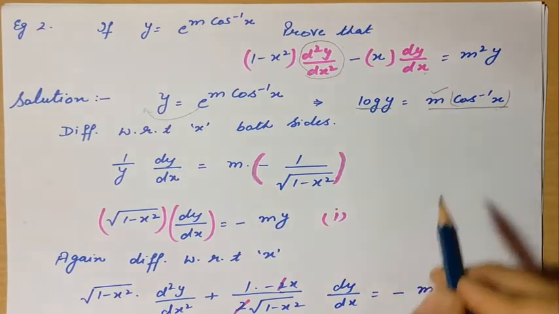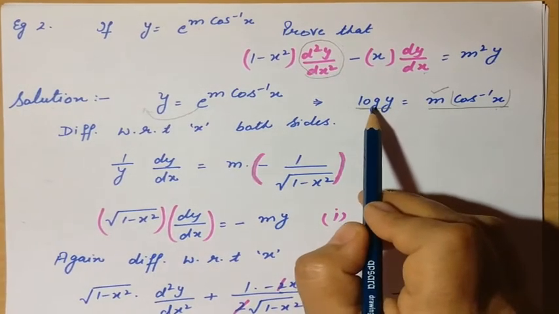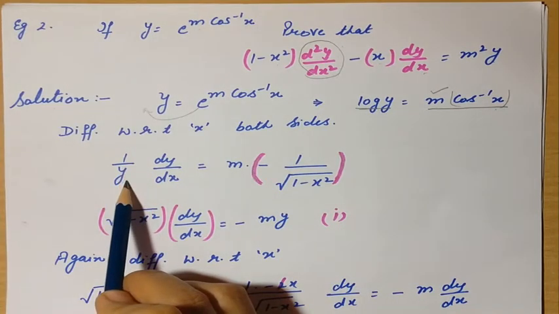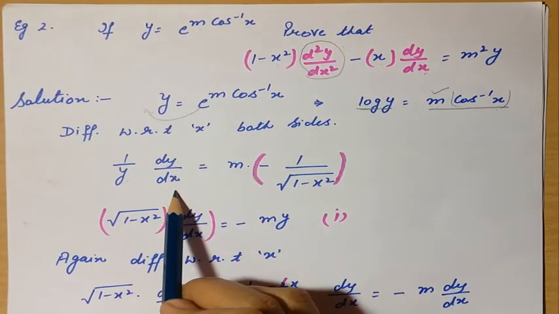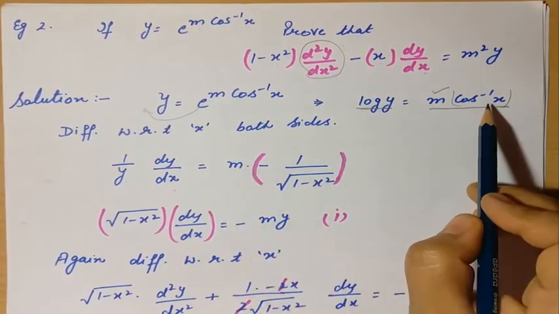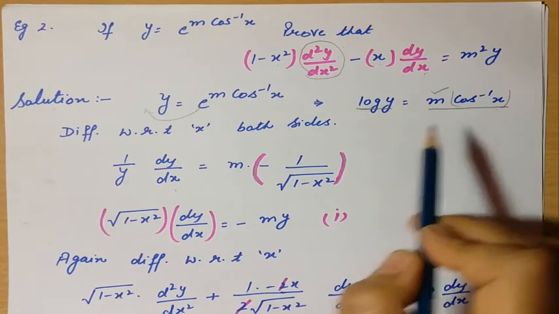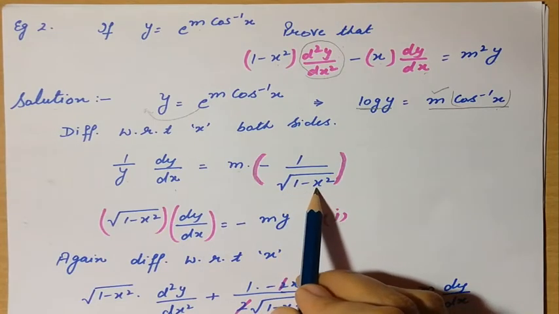M is a constant part, so we can easily differentiate. Log y differentiation is 1 upon the variable, so 1 upon y, and y differentiation is dy upon dx. M times differentiation of cos inverse x, and the cos inverse x differentiation is minus 1 upon under root of 1 minus x square.